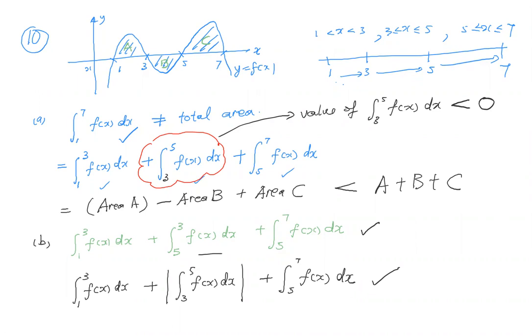So that's why I say minus the numerical value for area B. Okay. This is a true fact. If you see the area bounded by the curve and the x-axis is below the x-axis, the definite integral will result in a negative value. It's for sure already.